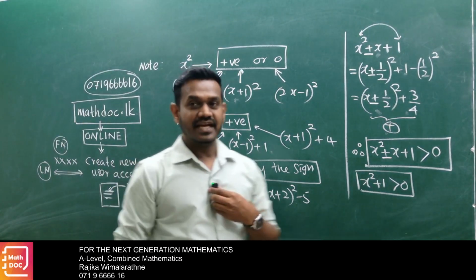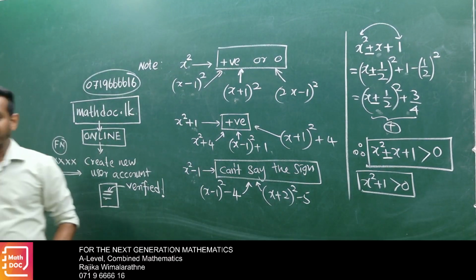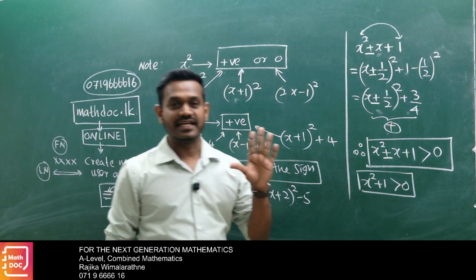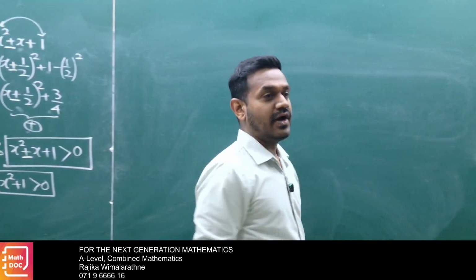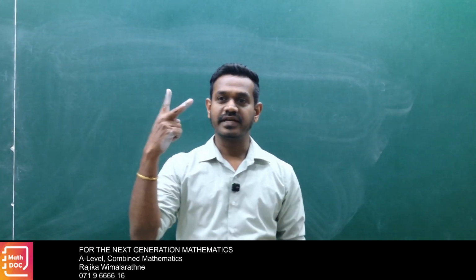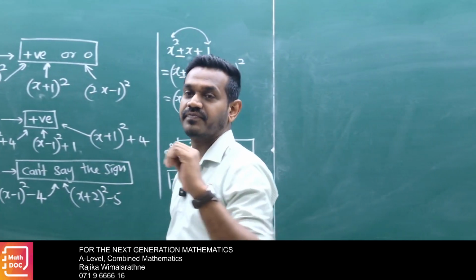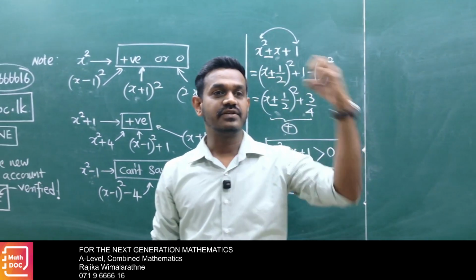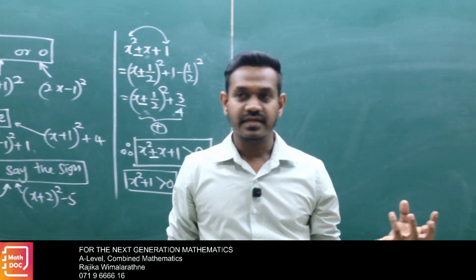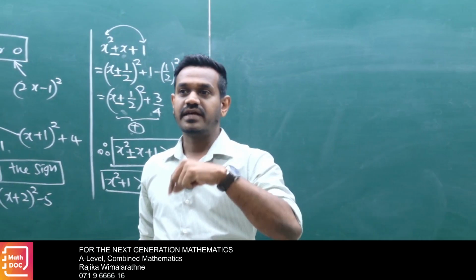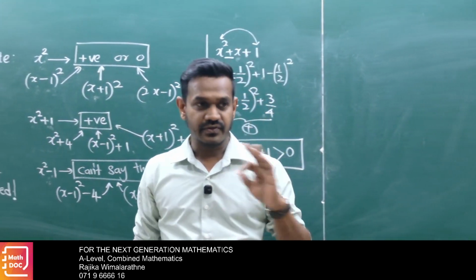Okay, now see quadratic inequality. Now let's see how to evaluate them. I told you two important steps. One step, we need to get all terms into one side, and the leading term better to be positive.